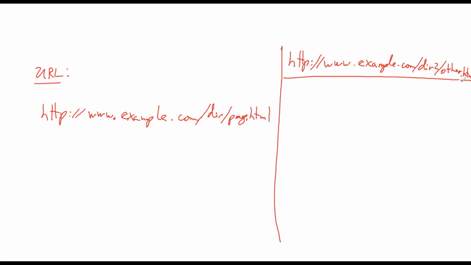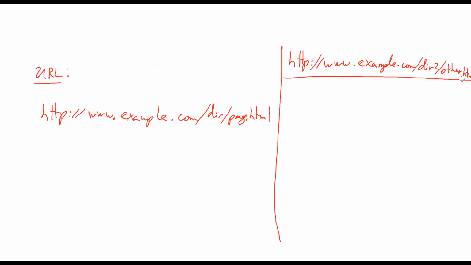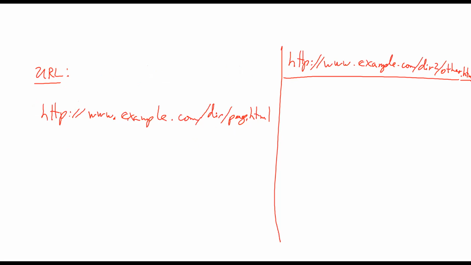Well, but think about, how did we define origin? It's a combination of what? Of the protocol, the domain, and the port. Okay. So what is the protocol in this one? HTTP. Okay. What is the domain? www.example.com. Yep.